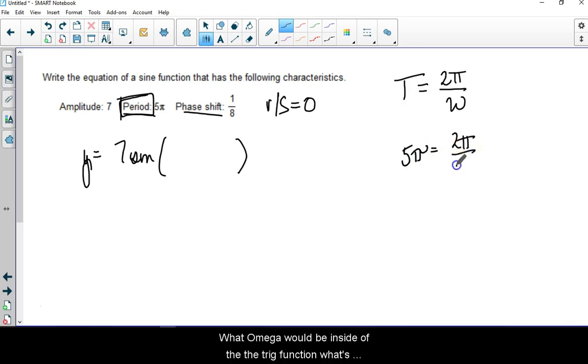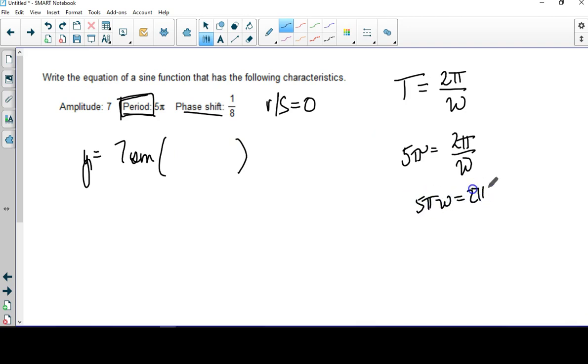What omega would be inside of the trig function? What's the frequency? How many rotations are you going to complete in 2 pi steps? So I'm going to need to cross multiply and divide. And you can see that omega is 2/5. So basically when you go 2 pi, you only get through 40%.